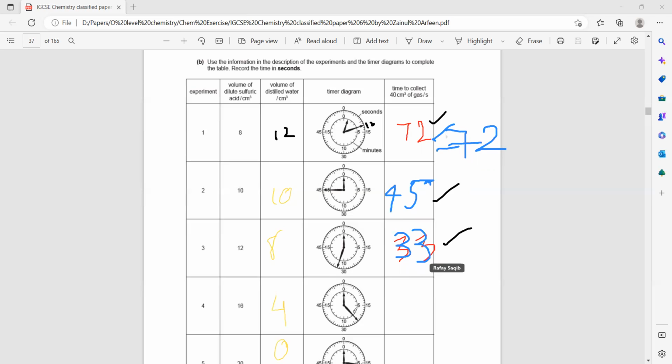This is 0 minutes and how many seconds? 20, 21, 22, 23. And this one is 0 minutes, and I will just scroll down. It looks like 16. So 72, 45, 33, 23 and 16.